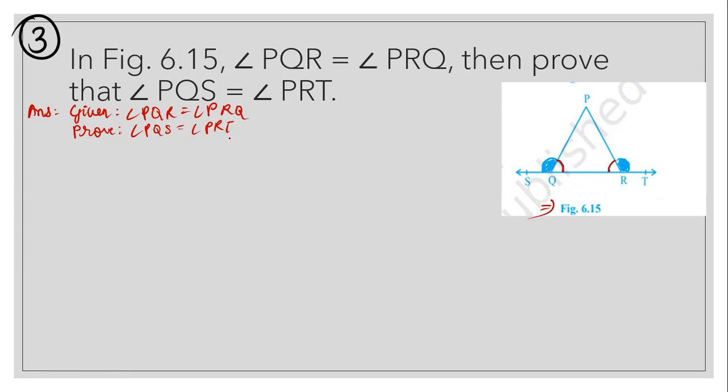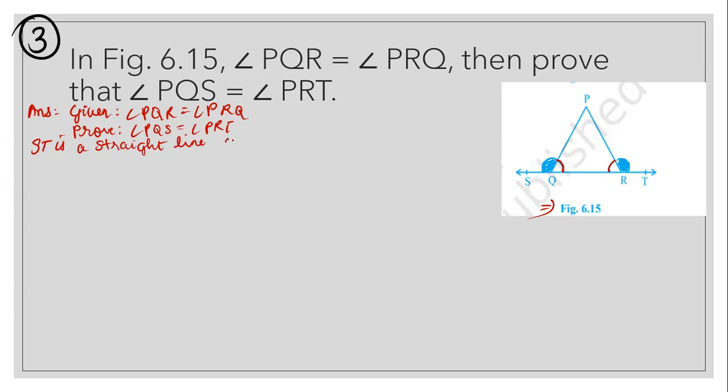Firstly, we know that angle PQR is equal to angle PRQ, as given in the question, and angle PQS is equal to angle PRT is what we should prove. Here, as you can see, ST is a straight line, correct?